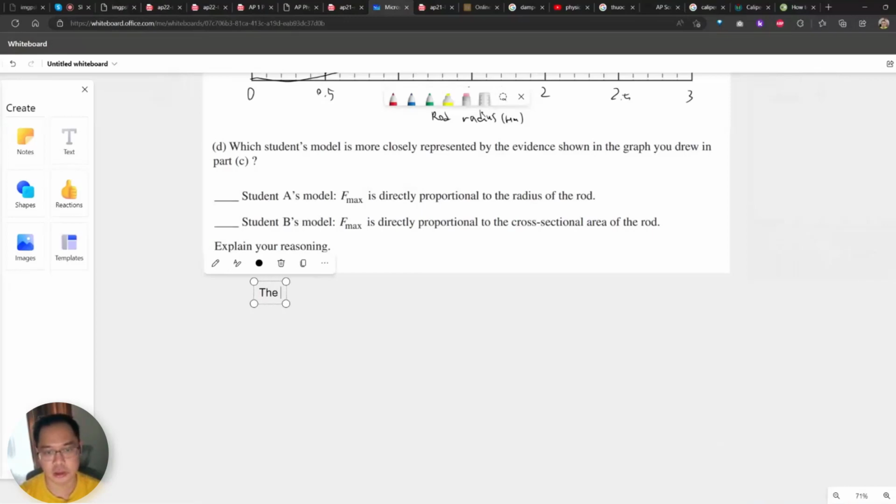Student B's model is more accurately supported by the experimental results, data, and graph.